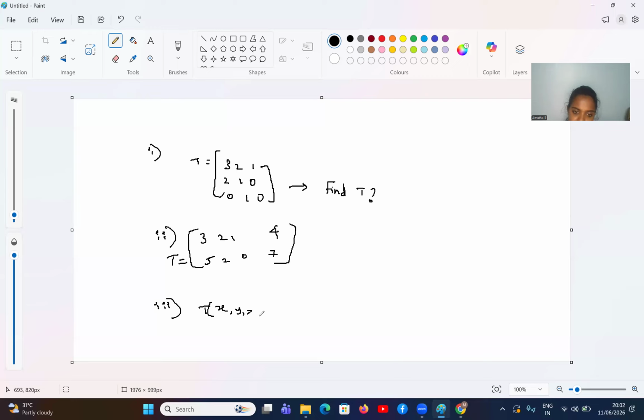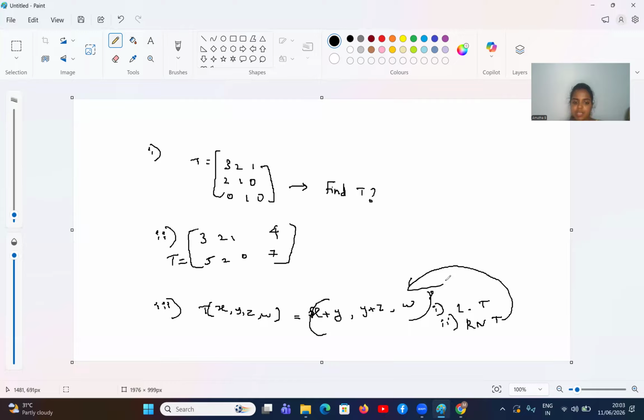T of x, y, z, w is equal to x plus y, comma y plus z, comma w. Okay. Can you derive this one? This is the map. First, you have to find whether it is a linear transformation or not. Next, you have to verify the rank nullity theorem on this map. So, take it as a practice problem and thank you everyone.